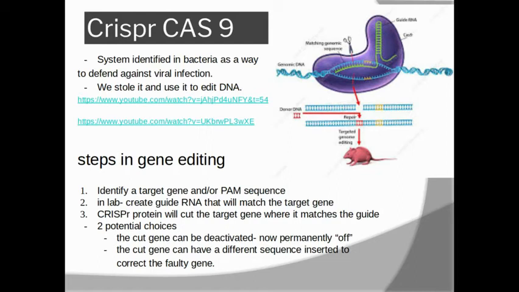condition that exists. They used this particular system to correct a vision impairment in a woman, where they just injected into the eye the CRISPR-Cas9 system proteins, and the CRISPR-Cas9 guide RNA was created to correct a gene in the cells of her retina.